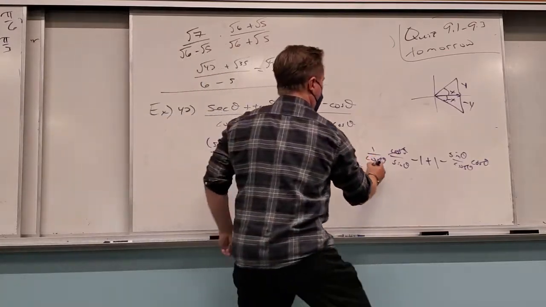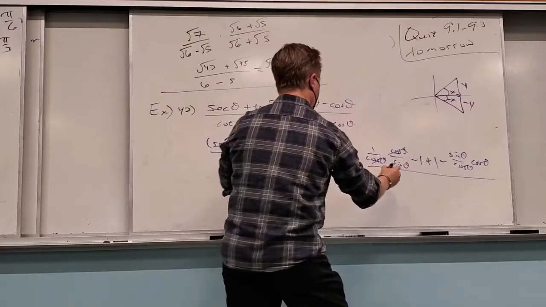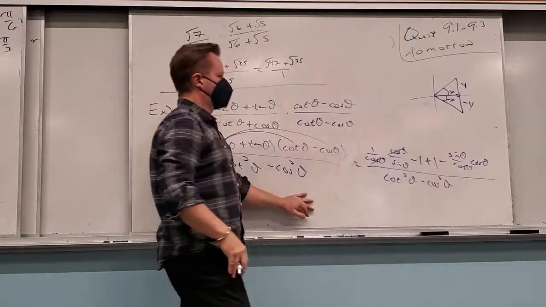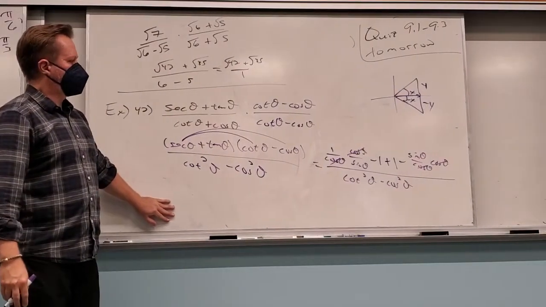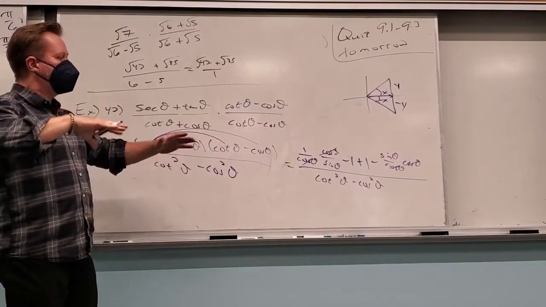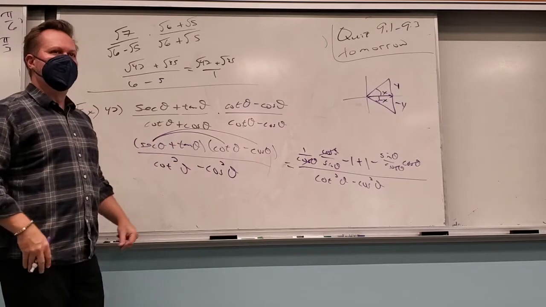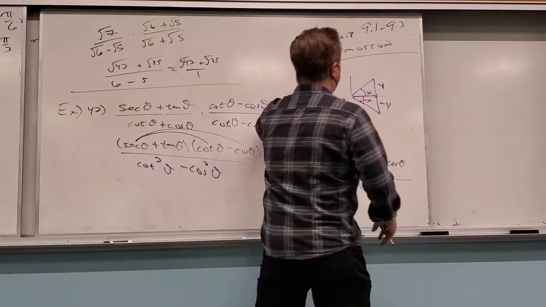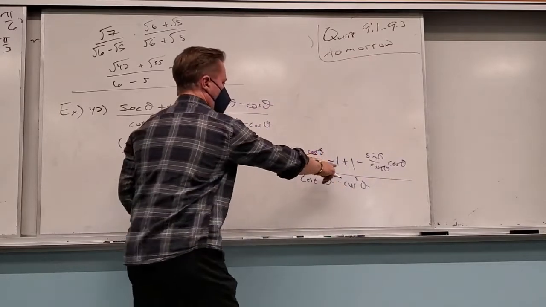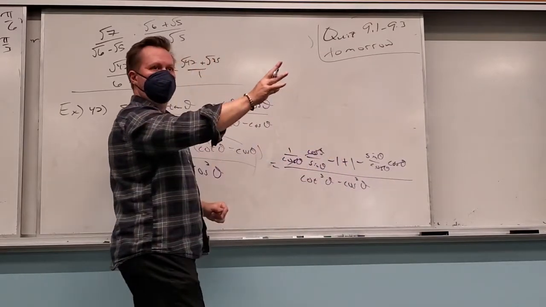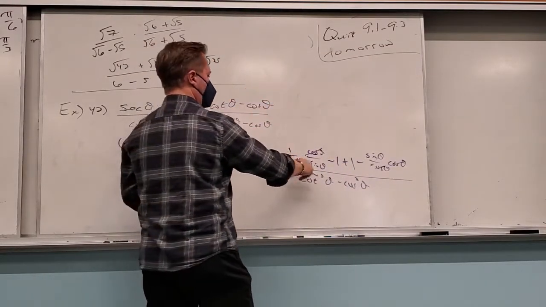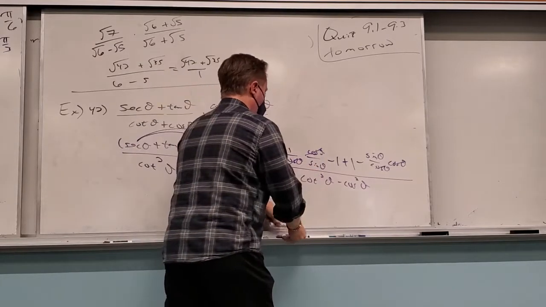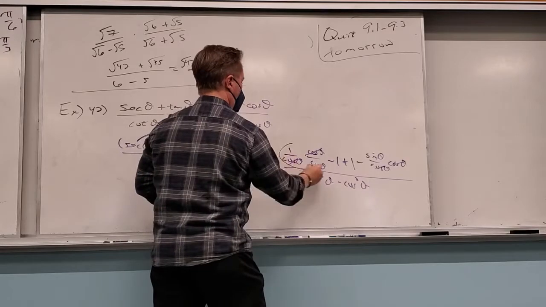So here on the bottom I get cotangent squared minus cosine squared. Okay. Some good stuff happens on the top, but it looks like it's not going to get anywhere too good too soon. I mean, the minus 1 plus 1 cancels, right? And what's 1 over sine? Cosecant. So I got cosecant.